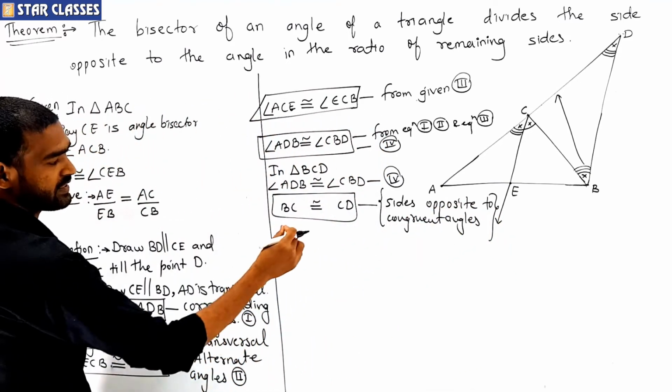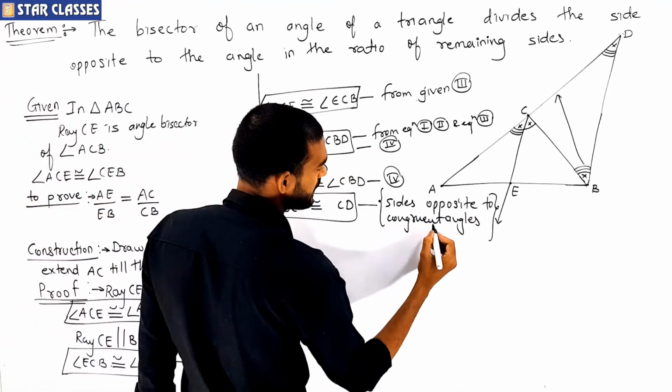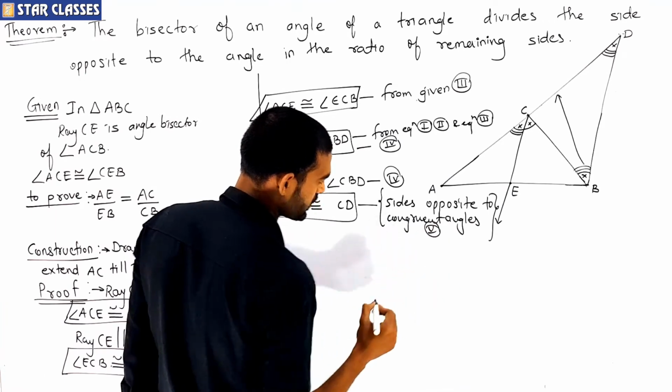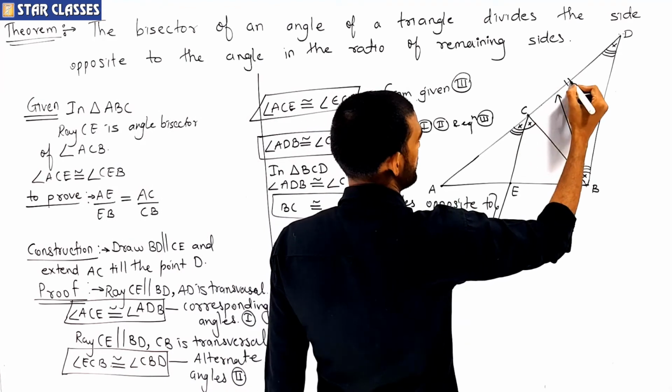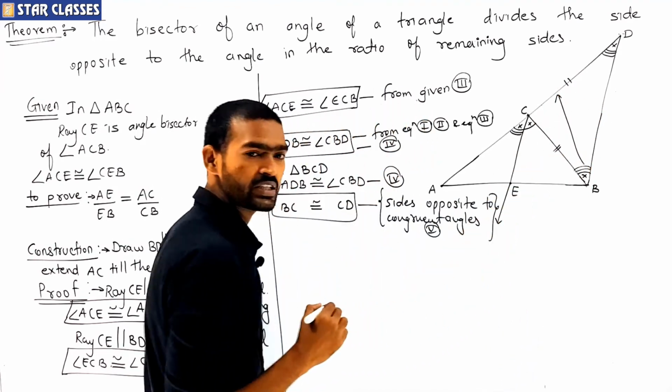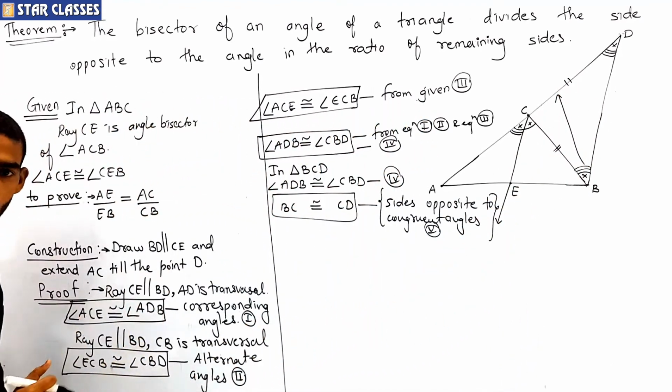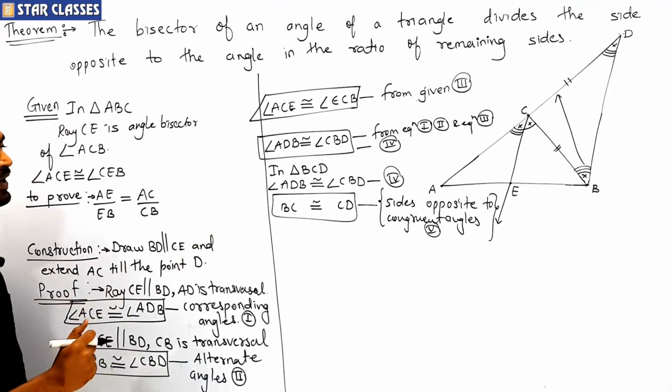Clear, students? These are the sides opposite to congruent angles, and this will be my equation number 5. So now we are saying these two sides are equal. Clear this much?